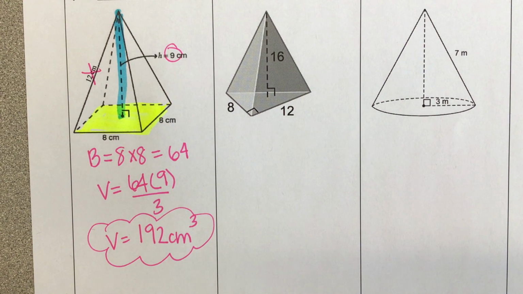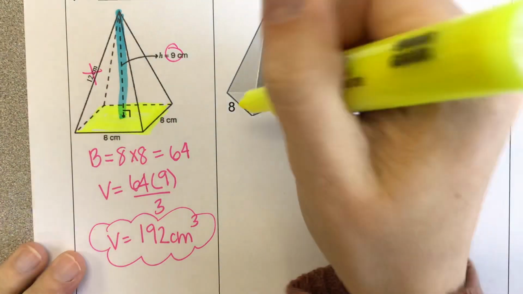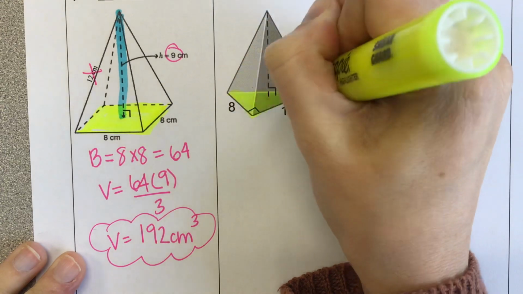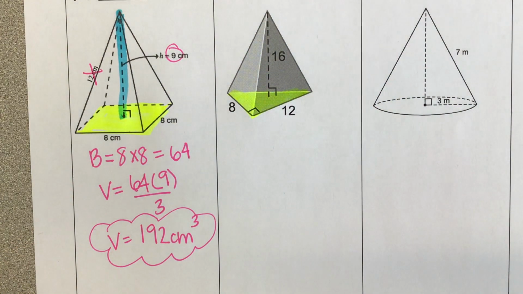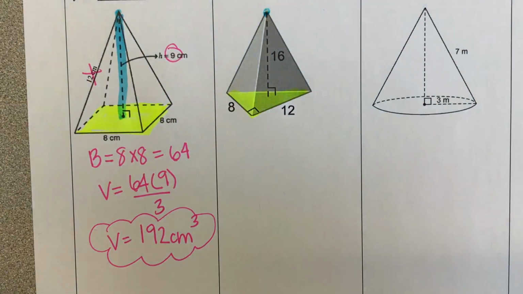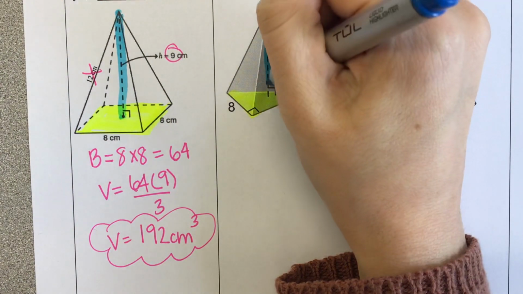Number 2, looking at our base, this time I see a triangular base opposite the point at the top, right? And then the measure that's connecting that point to that base, that perpendicular measure, is right here.